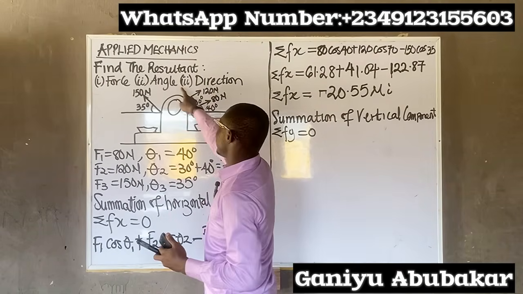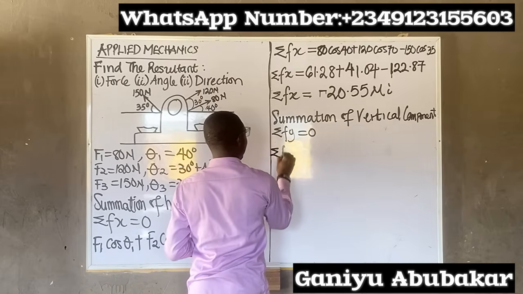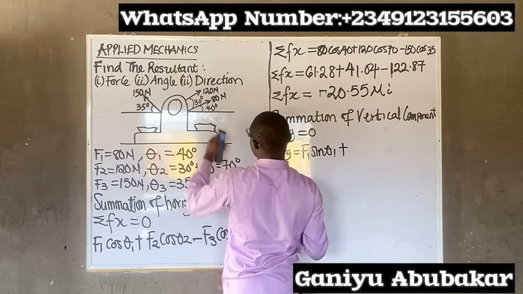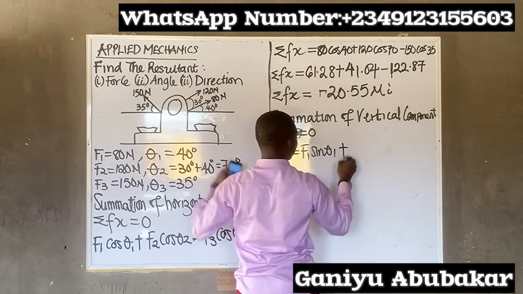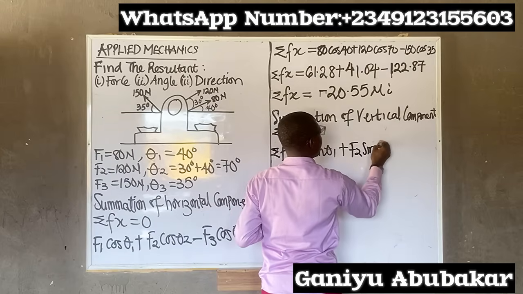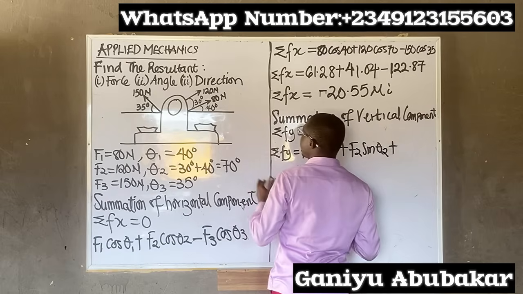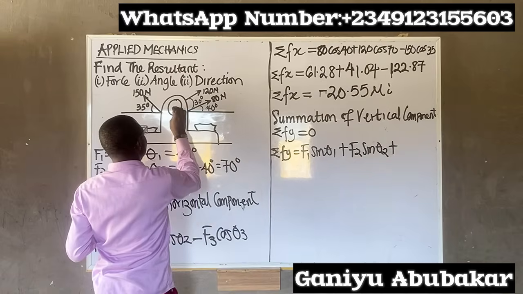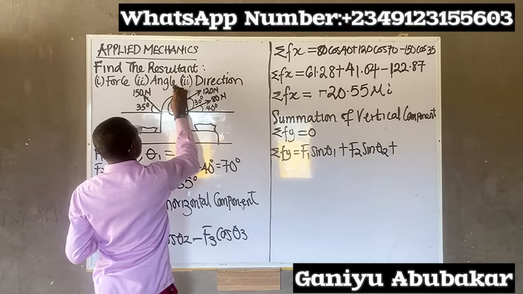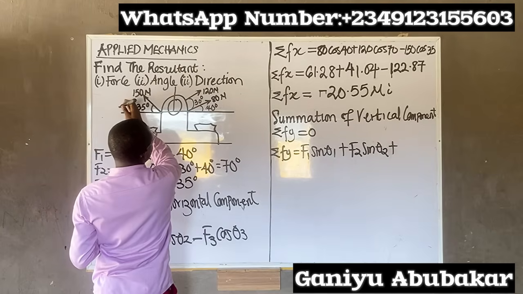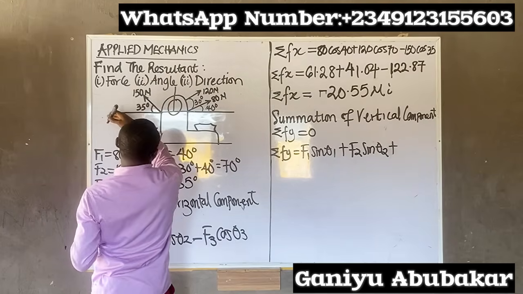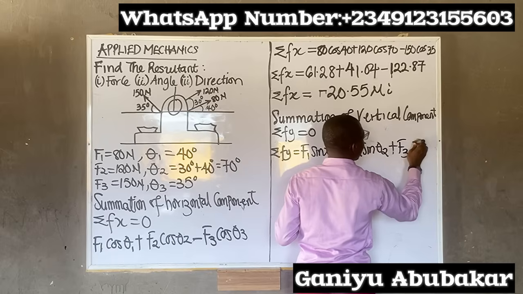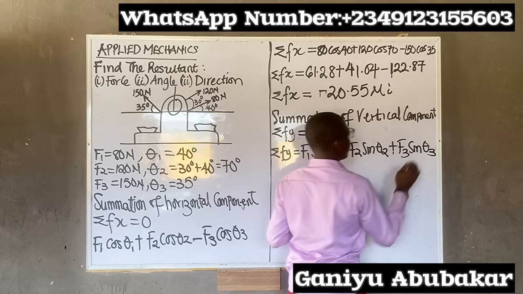Resolving F1 to the vertical gives F1 sine theta 1 plus F2 sine theta 2. For the second quadrant, the vertical component y is positive and x is negative. So y is positive, that's plus F3 sine theta 3.